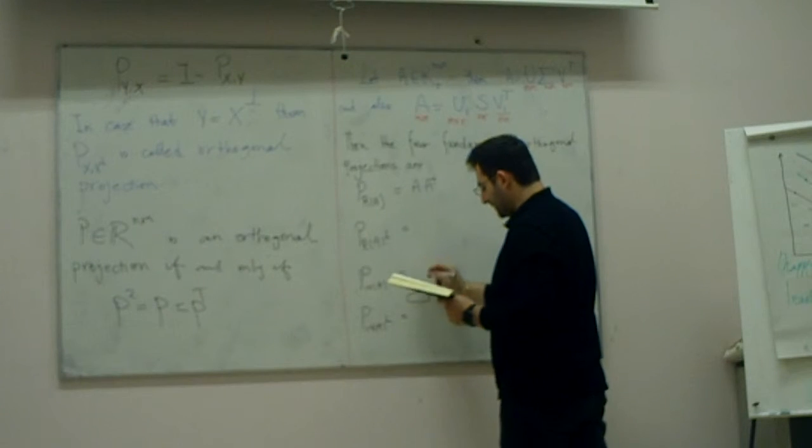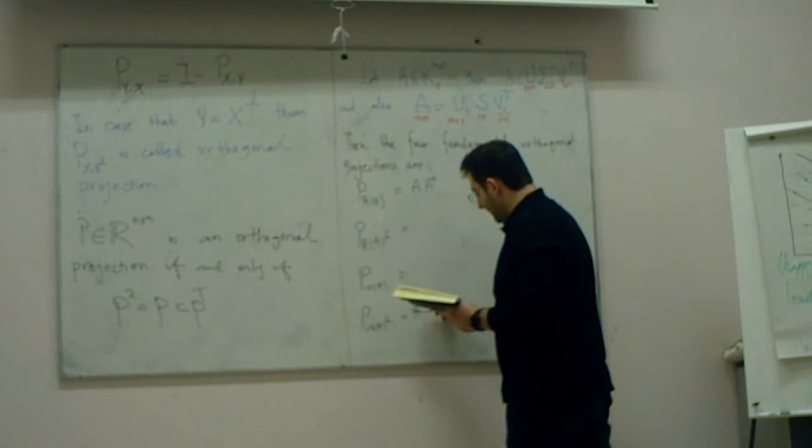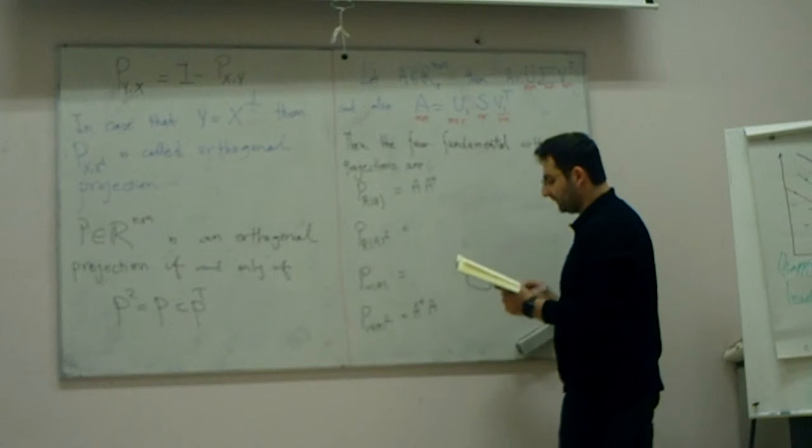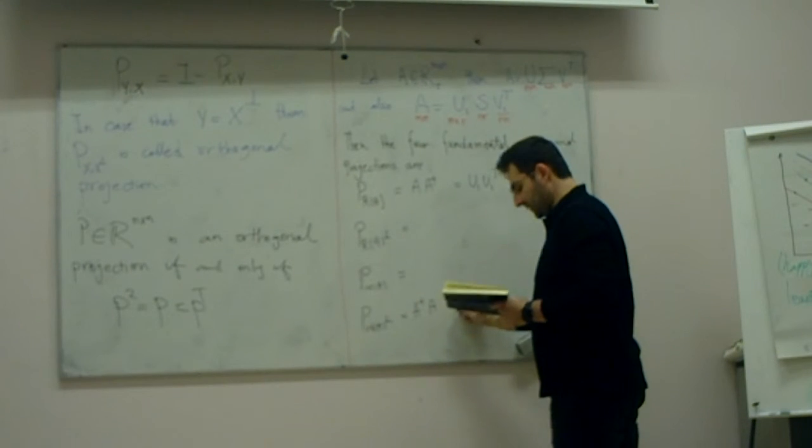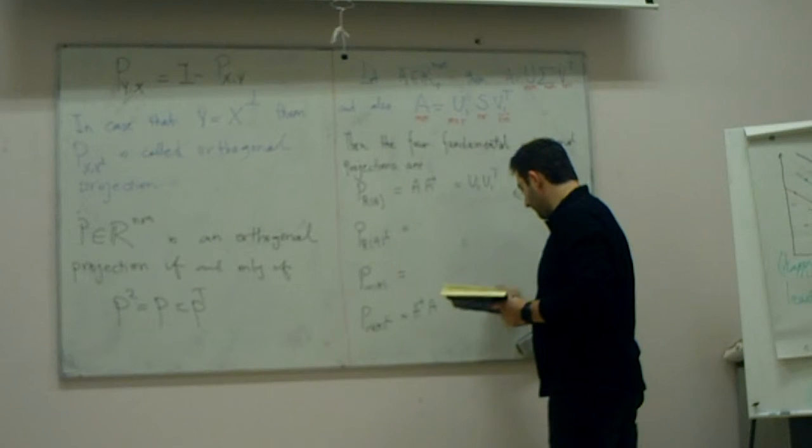This one is A plus A. This means U1 transpose. This one means V1 transpose.